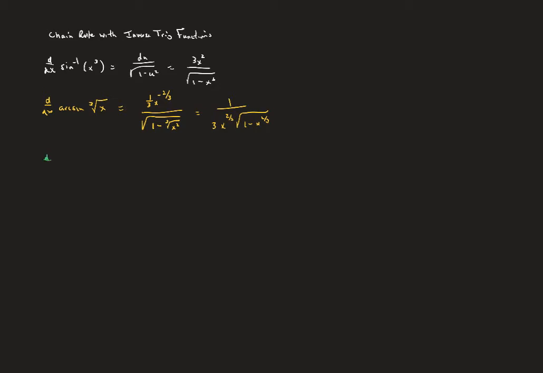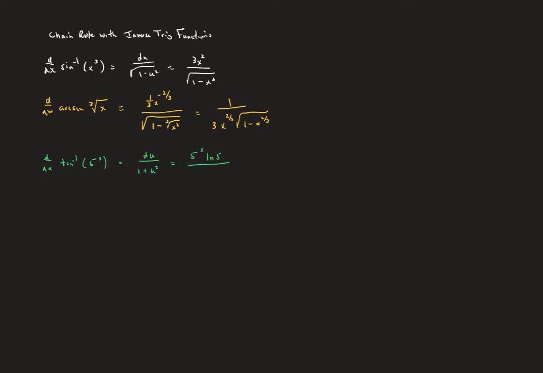Let's do the derivative of, say, an inverse tangent of 5 to the x. So this is going to be du over 1 plus u squared. Du is kind of messy. That's the same exponential times the natural log of 5 all over, whoops, no square root for an inverse tangent.